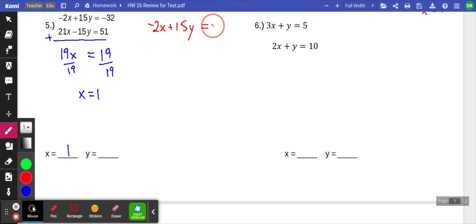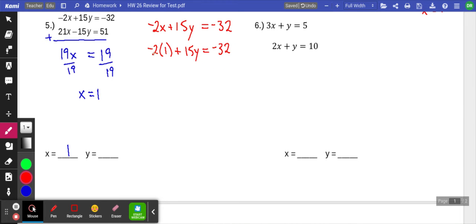We can replace that variable x with what we just found, so positive 1. So we can take negative 2 times 1 instead of negative 2 times x now. Negative 2 times 1 plus 15y equals negative 32, which is going to help us solve for our second variable.